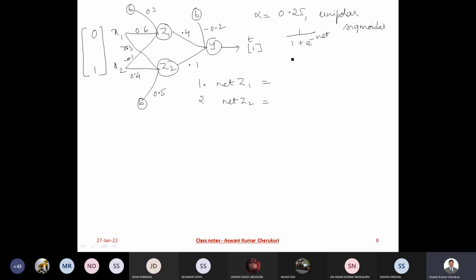Since X1 is 0, the X2 term is 1 into minus 0.1, because the connection between X2 and Z1 is minus 0.1.